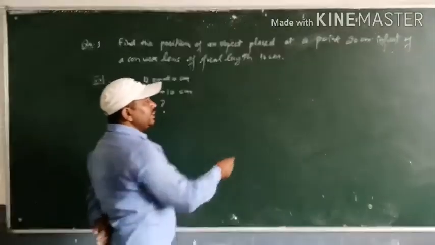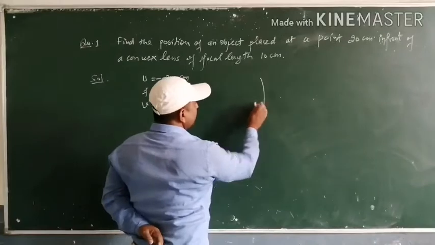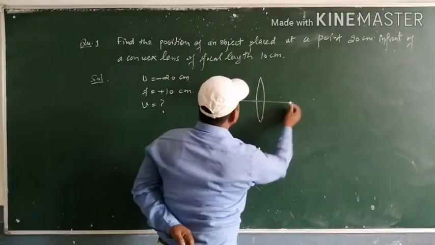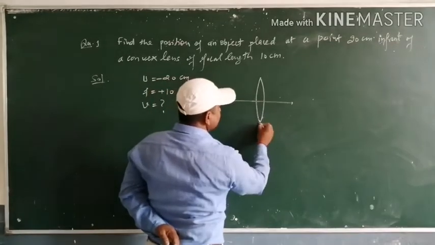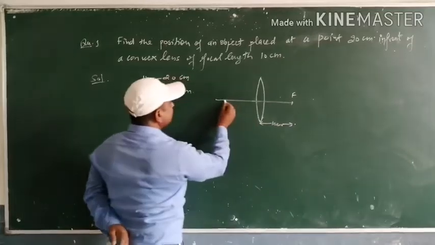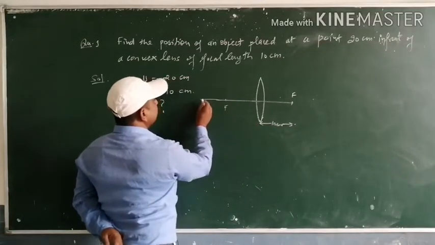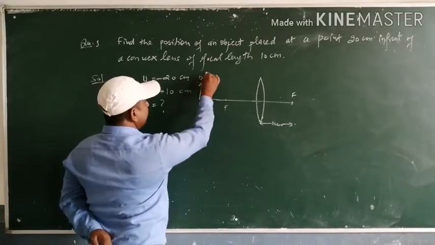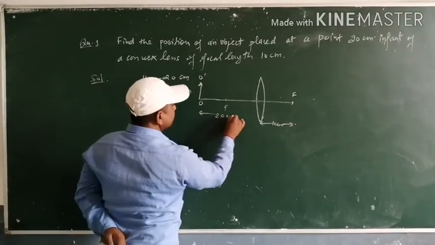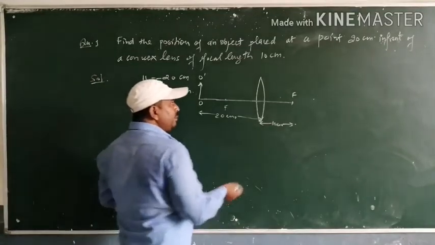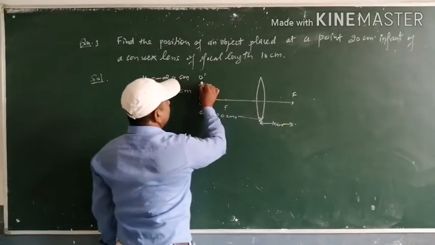If we draw a rough figure for the image formation, the focal length of this lens is 10 centimeter, this is F, and suppose O dash is the object placed at 20 centimeter in front of a convex lens. Where will the image be formed?